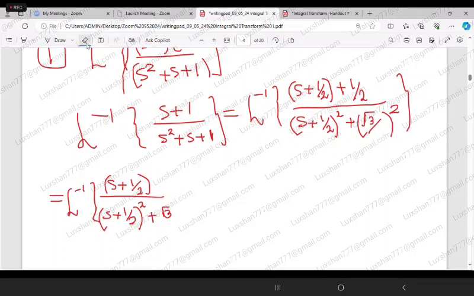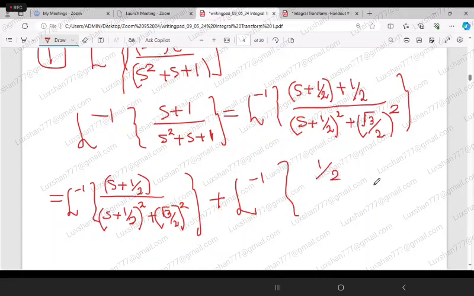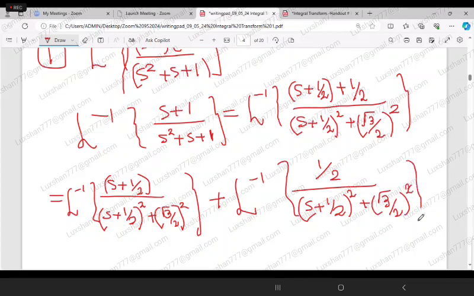It should be 2. Plus the inverse Laplace transform of half into the second term. So this is how I can write it.